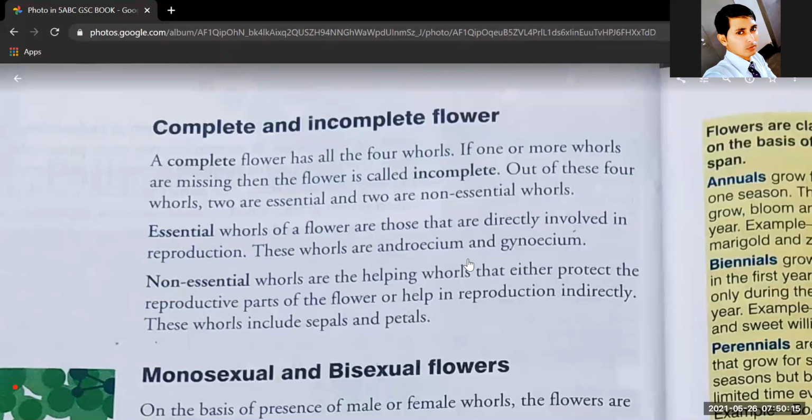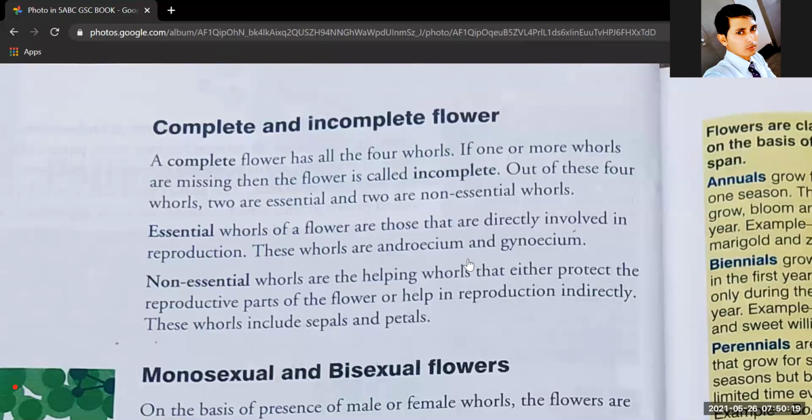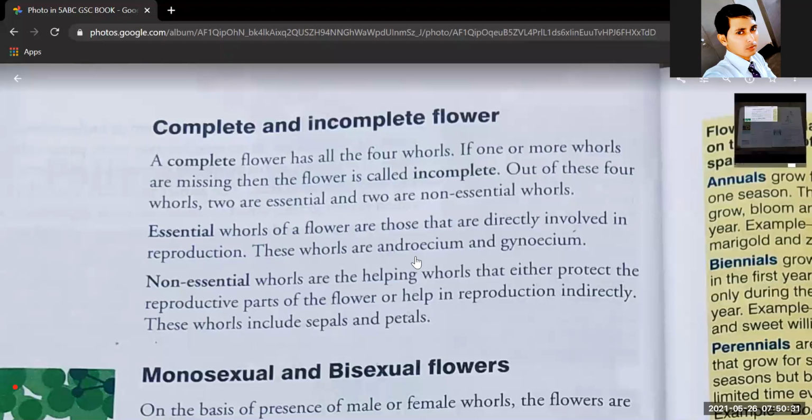Means Androsium and Gynecium are the important whorls of flowers. Androsium and Gynecium are the two main, essential parts of the flower, because just because of these, reproduction happens.